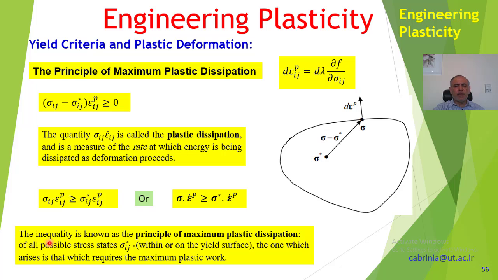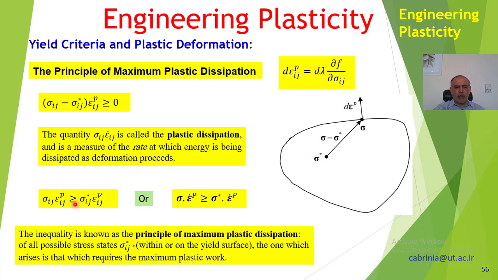It means that of all possible stress states, we could have many possible stress states inside this yield surface, all kind of elastic. Sigma ij star within or on the yield surface, inside the yield surface or on the yield surface, like sigma. The one which arises is that which requires the maximum plastic work.